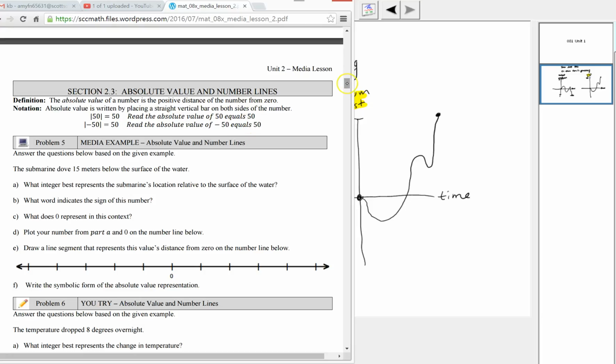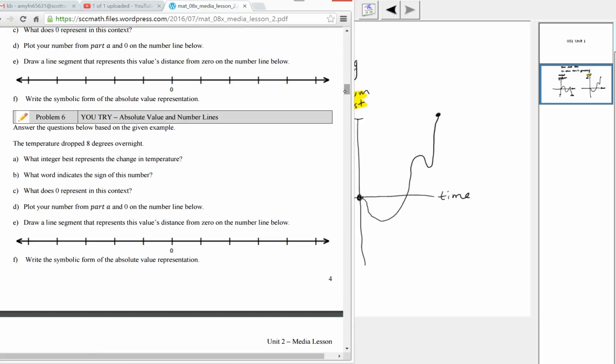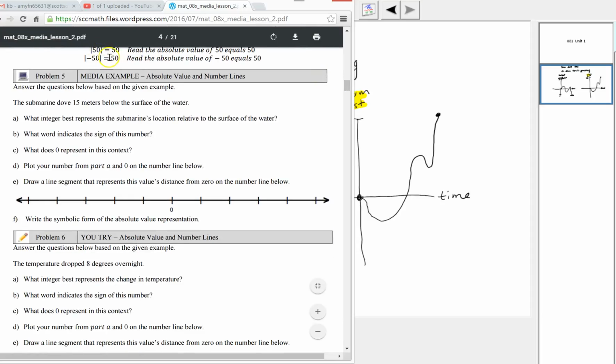And so scrolling down a little bit. Also you'll see in the homework assignment, we'll focus a little bit on having them write the correct notation for absolute value. Sometimes they'll put the negative on the outside of the absolute value sign but still say it's positive, or they don't know whether it goes on the inside or outside and they say it's negative.